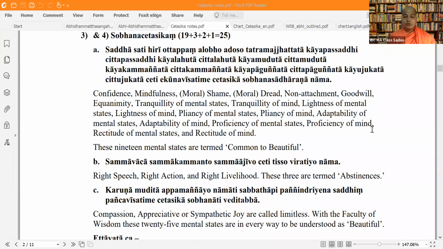For example, when we take food before having a meal, we recite this chanting normally, right? Patisankha yoniso pindapatam. If you look at it, it is a kind of self-reflection. Why are you taking this food? So that you have sufficient energy to work on your spiritual practice, right?